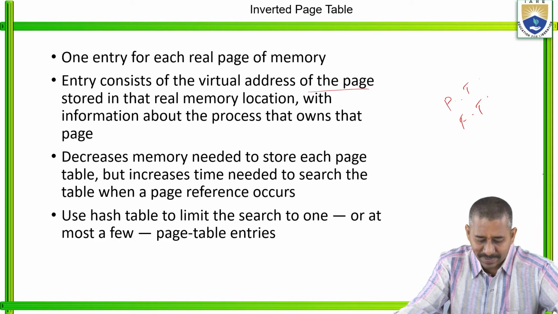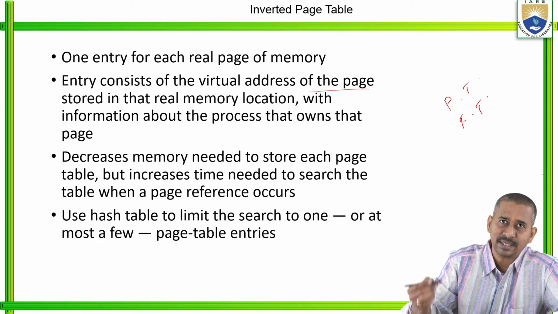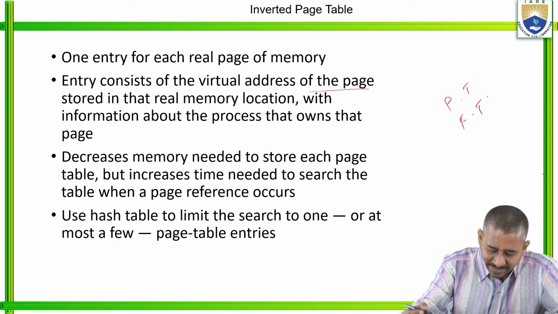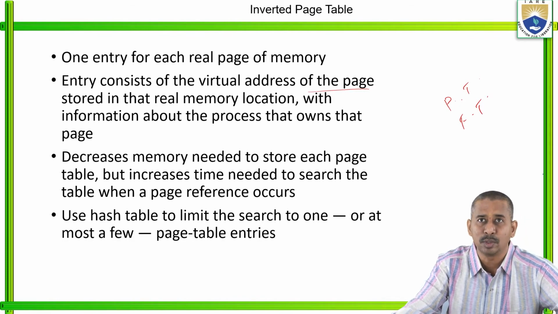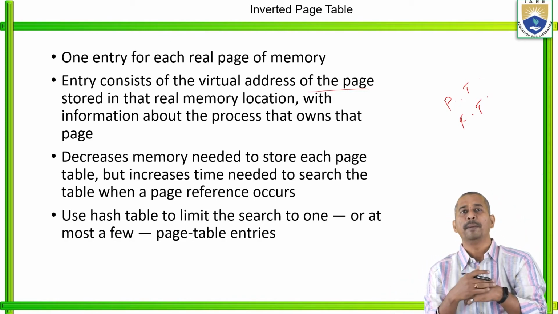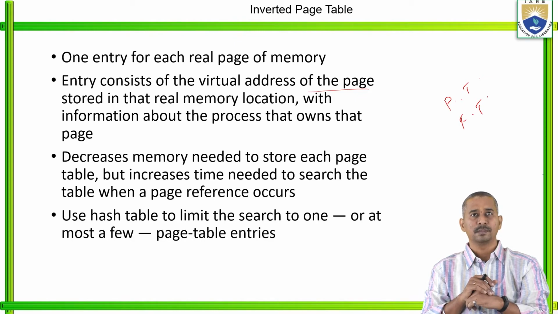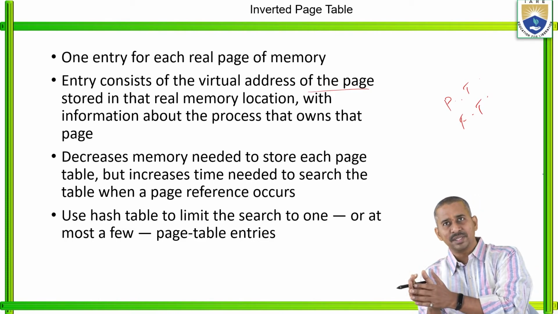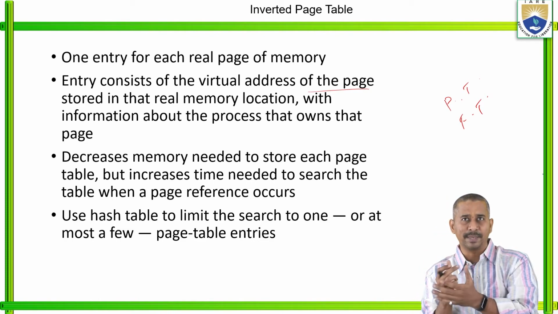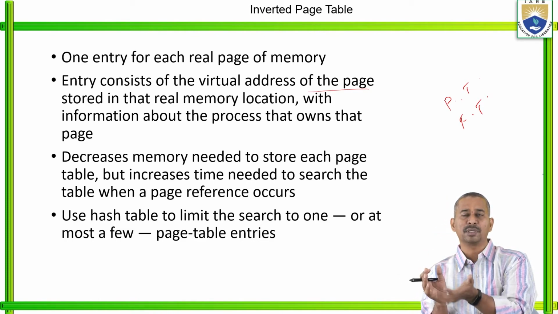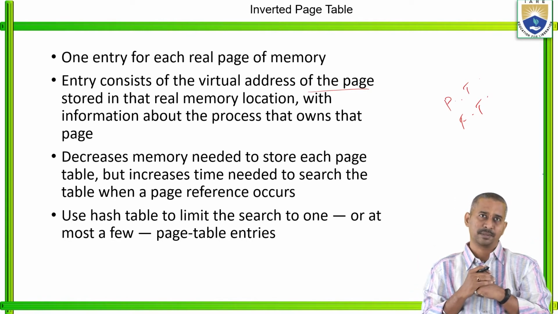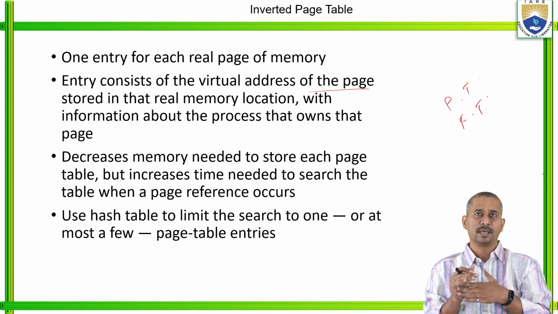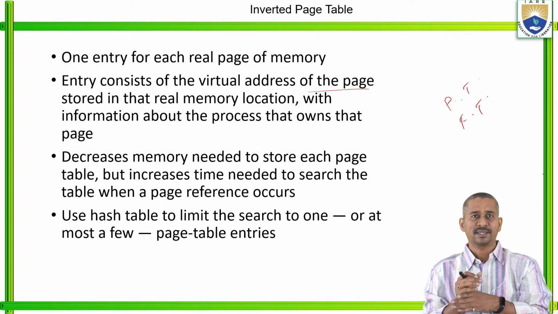So what happens here? The inverted page table method decreases the memory needed to store each and every page table, because each entry consists of the virtual address of the page stored in the real memory location with information about the process that owns that page.